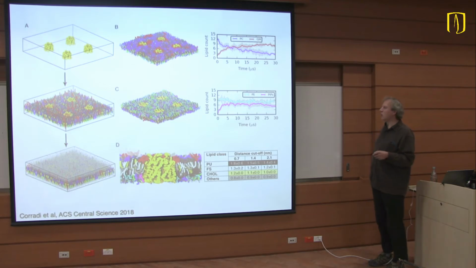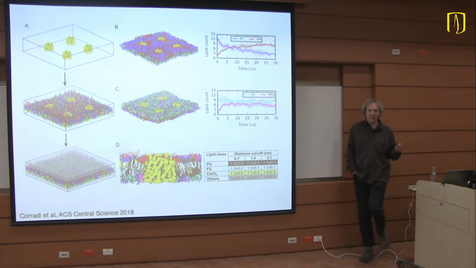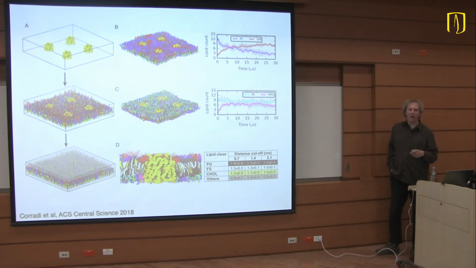So how long does it take to look at lipids rearranging around proteins based on the interactions between lipids and the proteins? And this is one way of addressing that. The answer is of the order of 25, 30 microseconds in Martini. So if you want to try this atomistically, for technical reasons, this is probably closer to 100 microseconds. So if you're interested in this, you have to assess whether you have the computer power to actually do this.